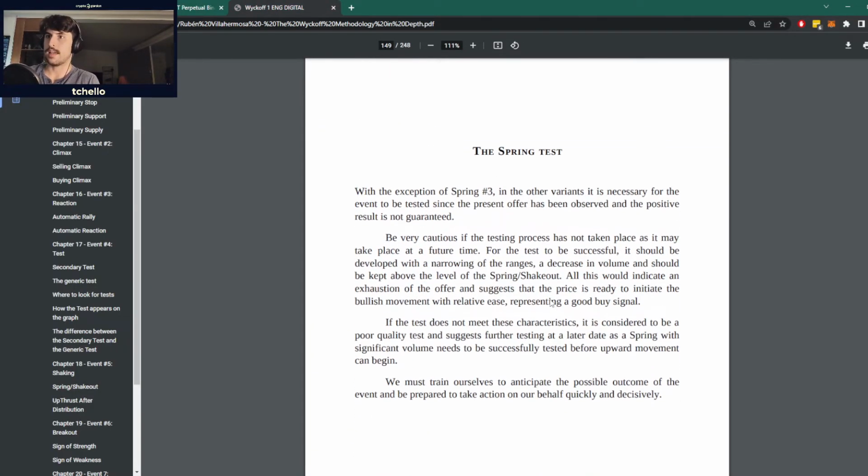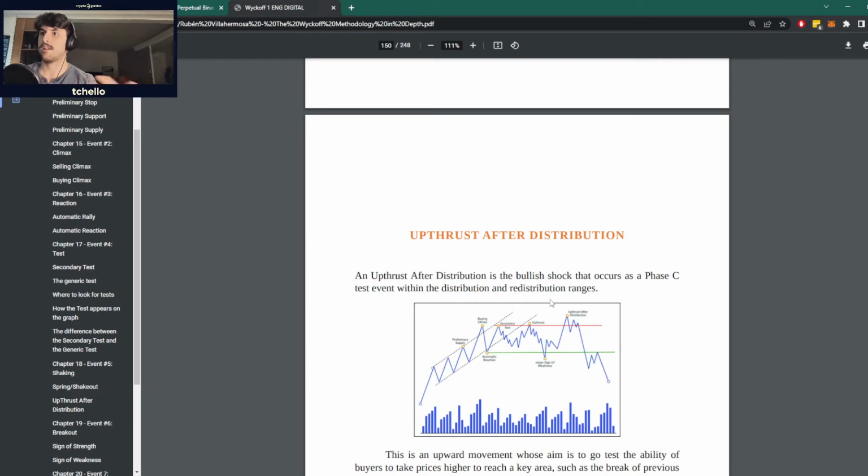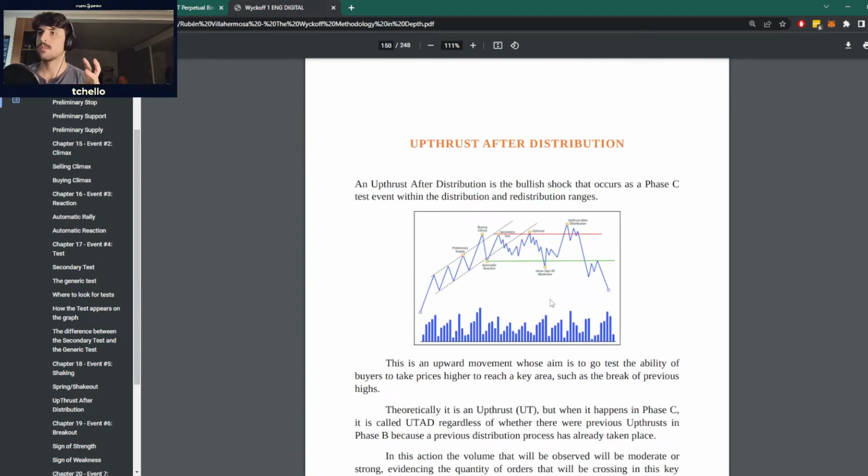All right. Now, there are some technicalities here, but right now, I think the most important thing for us to learn, besides the shakeout and the spring, is the counterpart of that during the distribution, which is the UTAD, or the upthrust after distribution.